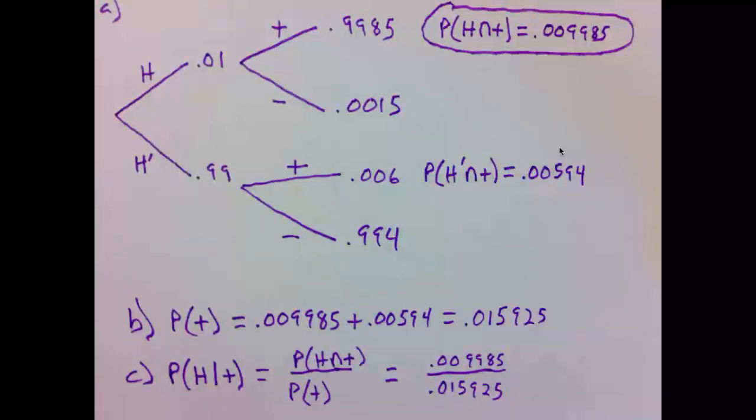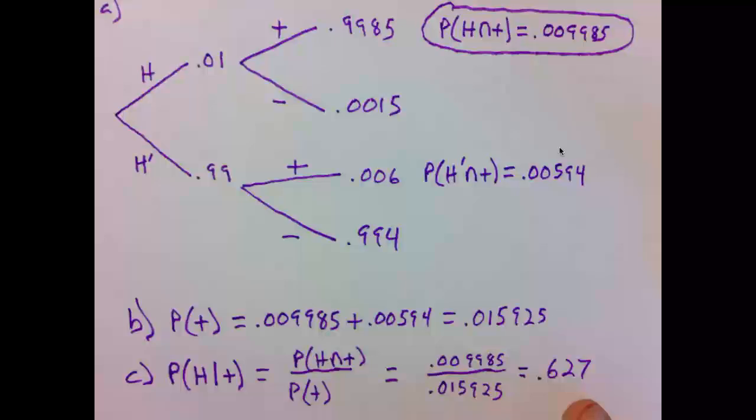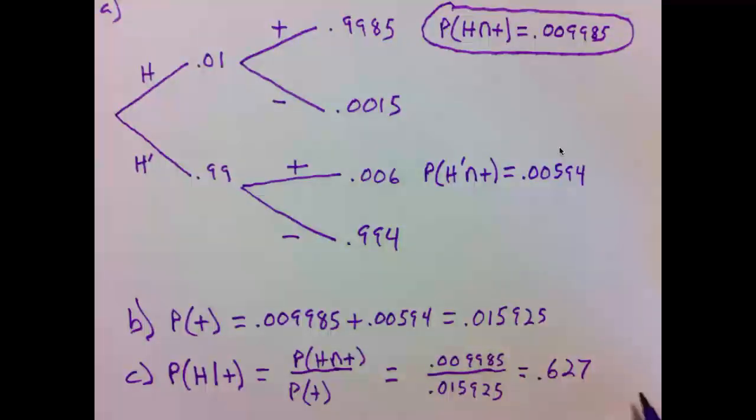So 0.009985 divided by 0.015925. That is 0.627. Check my arithmetic in this, but I believe that that's close. That's approximately 63%.